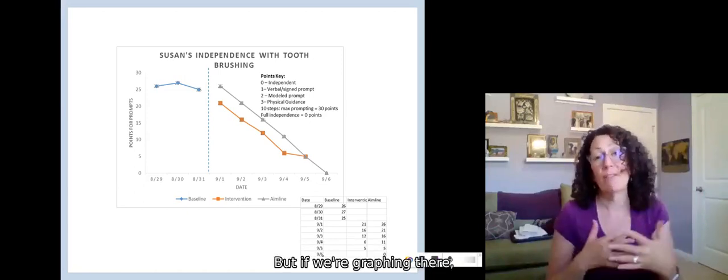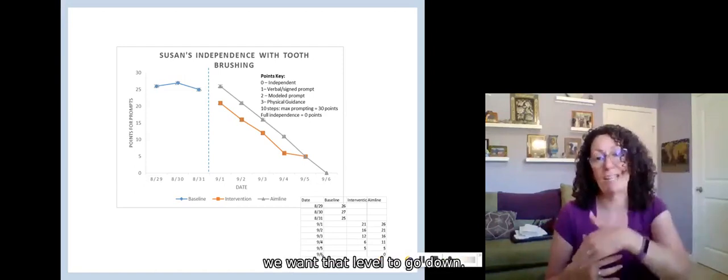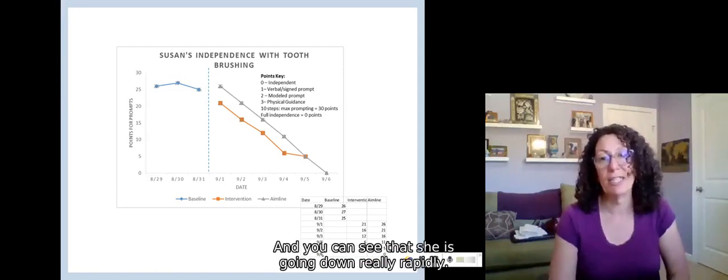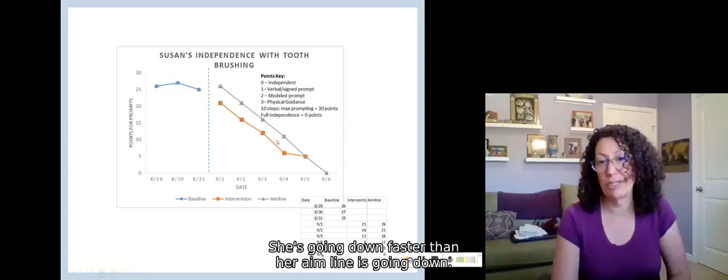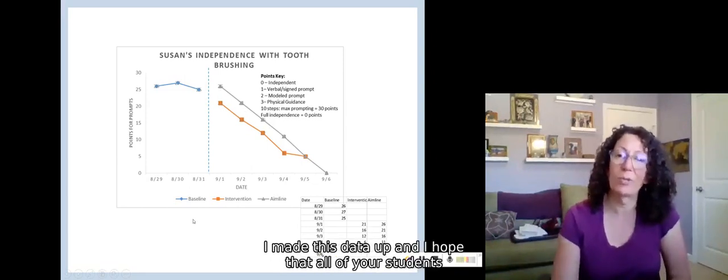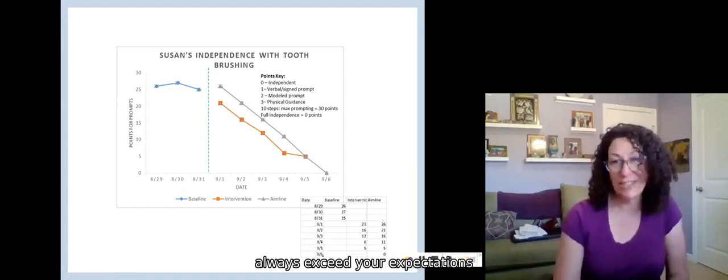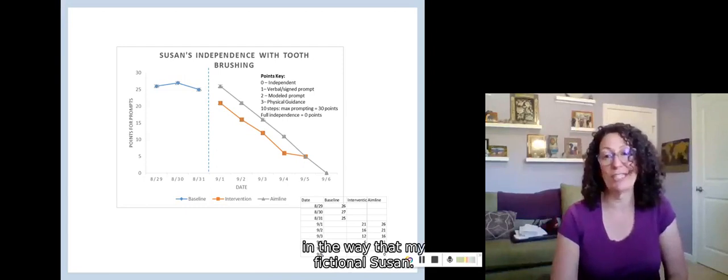But if we're graphing the prompting that we're using, we want that level to go down. And you can see that she is going down really rapidly. She's going down faster than her aim line is going down. I made this data up, and I hope that all of your students always exceed your expectations in the way that my fictional Susan did.